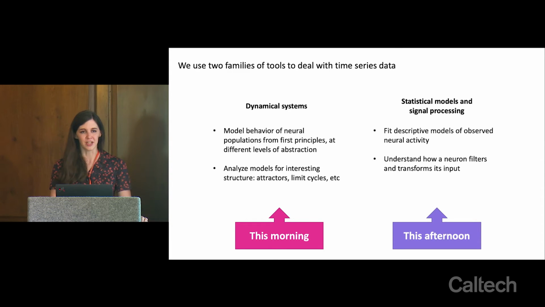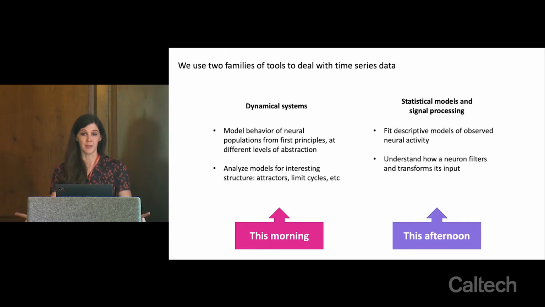Broadly speaking, dynamical systems tools, which are maybe more for modeling the responses of neurons to inputs and understanding how they transform their inputs over time, and also statistical and signal processing models for making sense of what a neuron's responses are doing to the input to that cell, and just how you summarize that transformation from input signals to a neuron to their firing rate outputs.